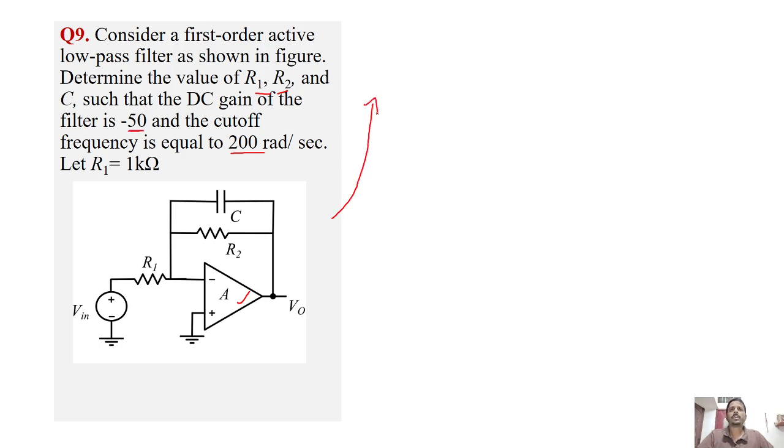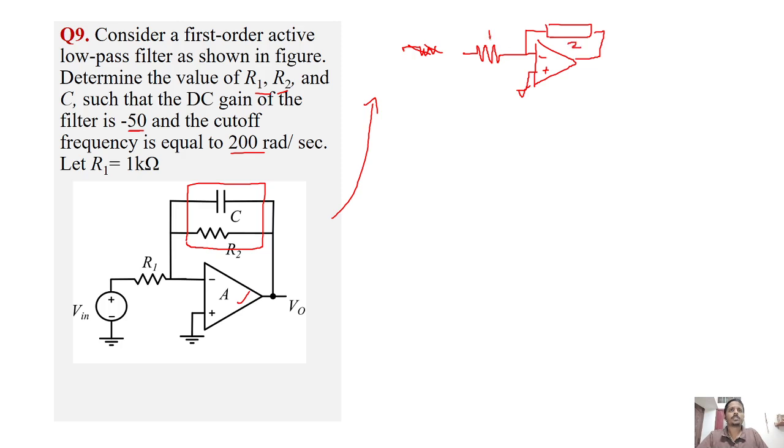We can easily find the transfer function of this circuit, right? It's an inverting configuration with feedback through a resistance and capacitance kept in parallel. So we can draw it as an inverting configuration.